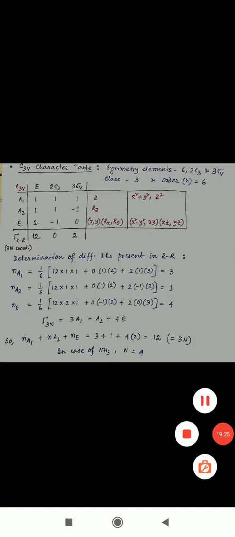So this is mainly the C3v character table which I have discussed here. First we have to write that character table, then the different irreducible representations which are present in the reducible representation. Then we have to check, is it correct or not, and for this I have to add these things, and it should be equal to 3n.